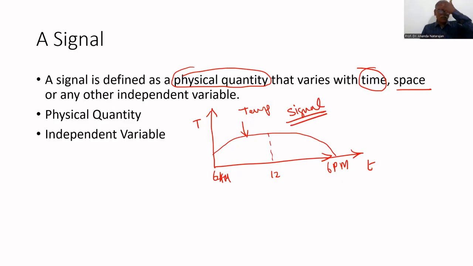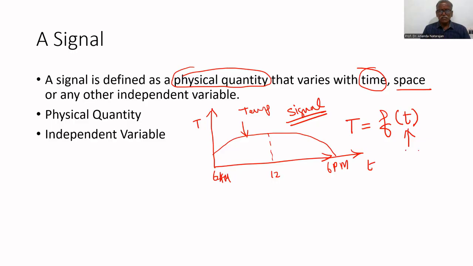So how can it be represented? T, that is the temperature, equals some function of the time independent variable t. Why is it called an independent variable? You cannot control time. It varies irrespective of the variation of the physical quantity. That's why it is an independent variable. Space is also an independent variable.